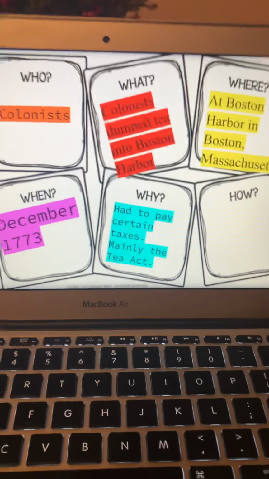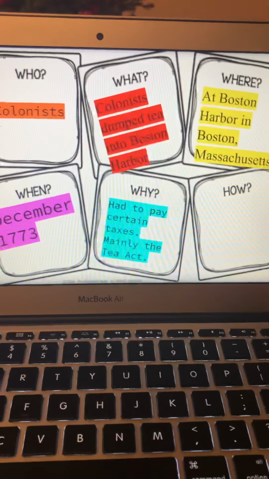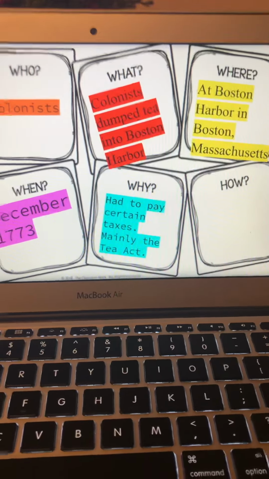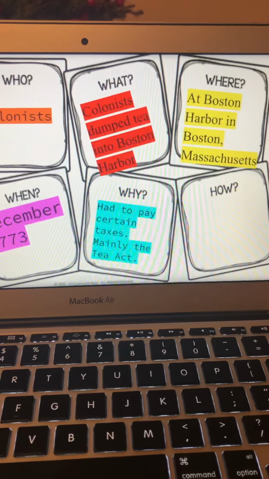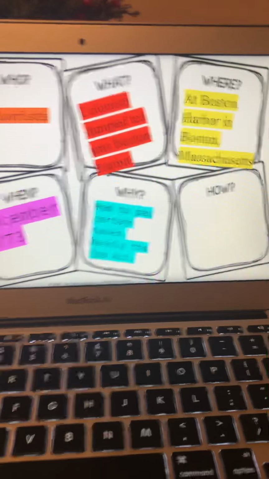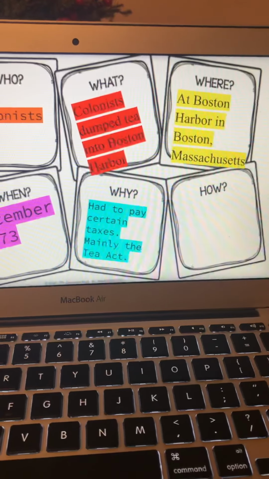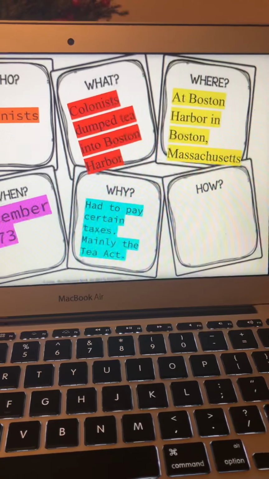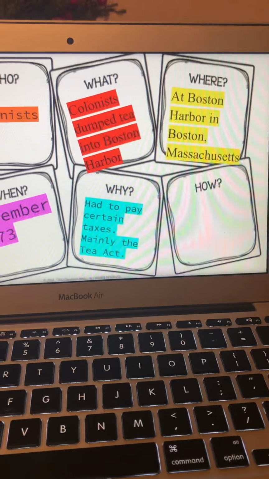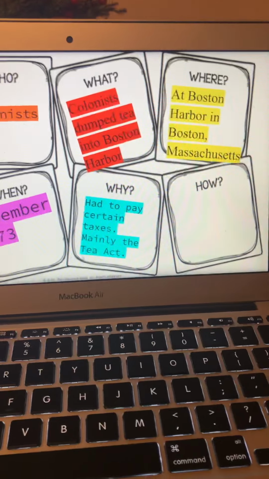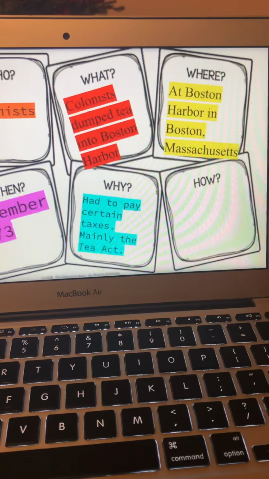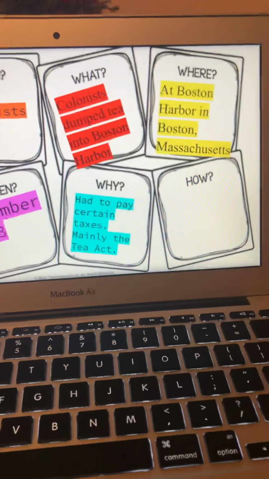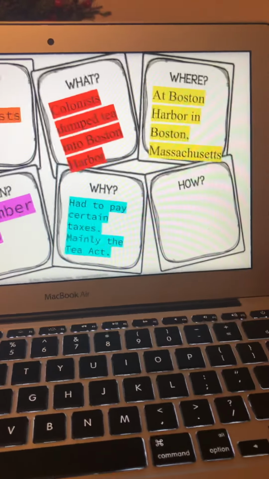So the Tea Act was the final straw. It makes sense because of the Boston Tea Party and the Tea Act. If I had a question on the test about cause and effect, the cause of the Boston Tea Party was the Tea Act. That's important to know because on the test you're going to need to know cause and effects too.